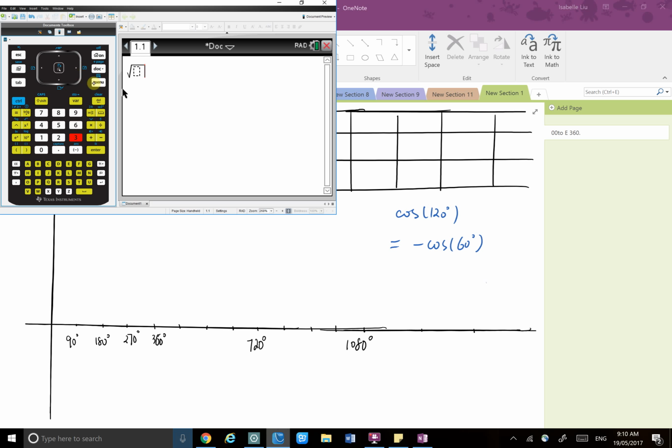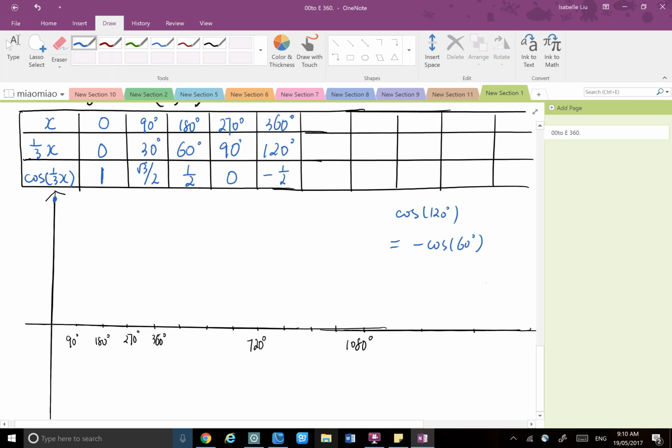Root 3 on the calculator, divide by 2. Okay, 0.866. Just say approximately somewhere here.